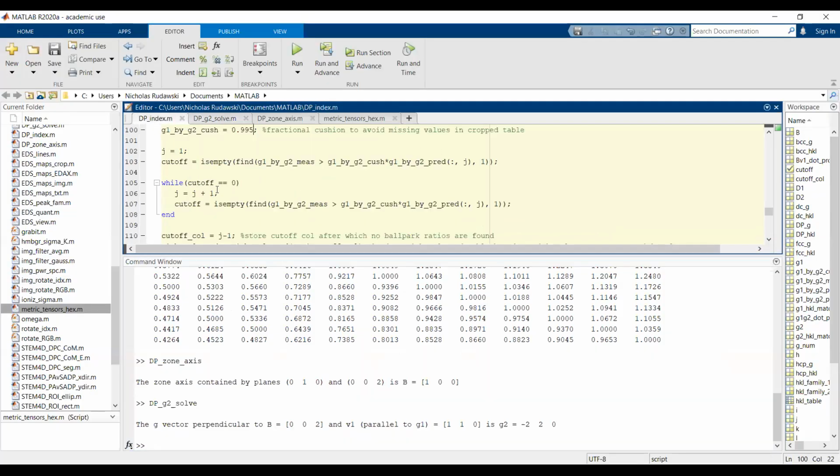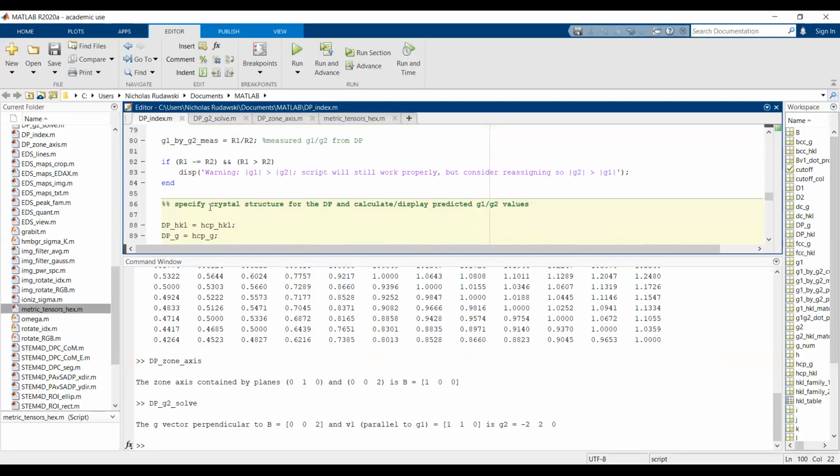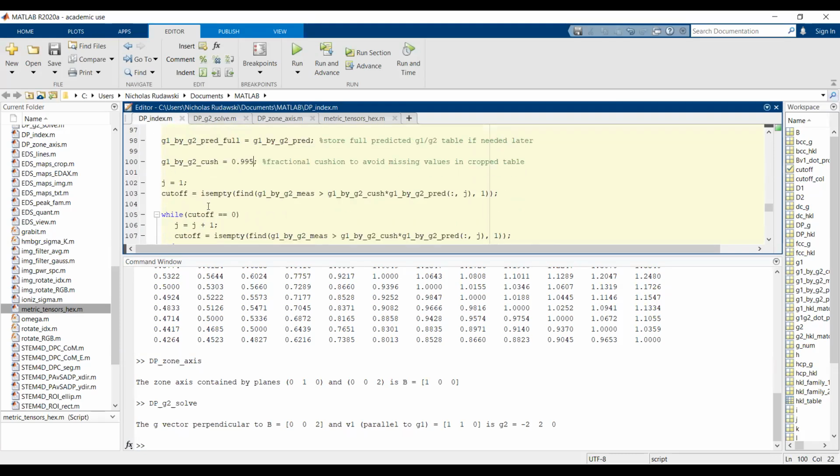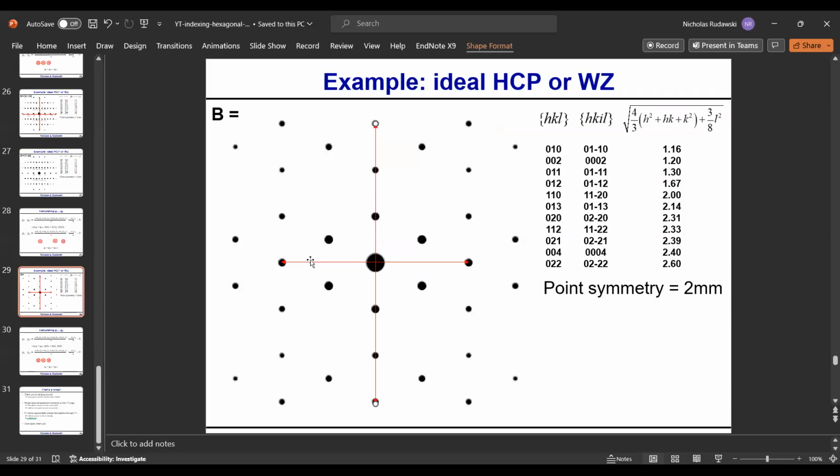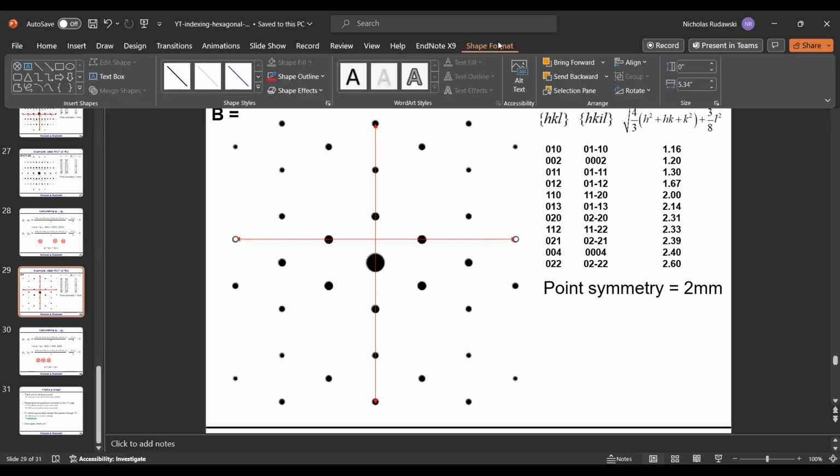DP index. Oops, 5.3, 6 intervals. Okay, this guy, we only have 2 intervals. Although, actually, if we wanted to, okay, we could measure like this and get 3. Okay, so why don't we do that? Just to help us out a little bit here. Okay, so that's 5.34 over 3.